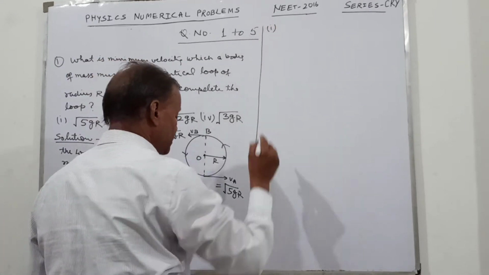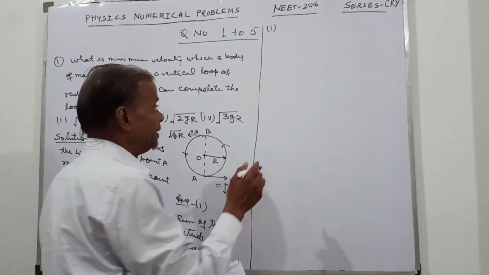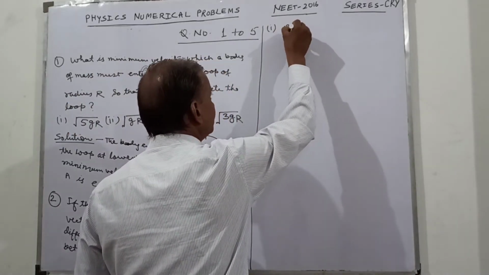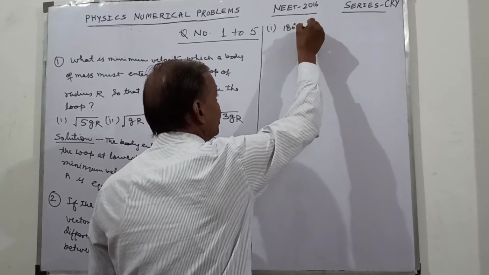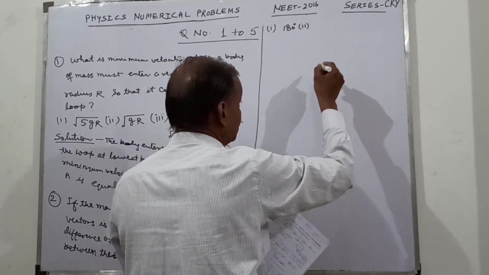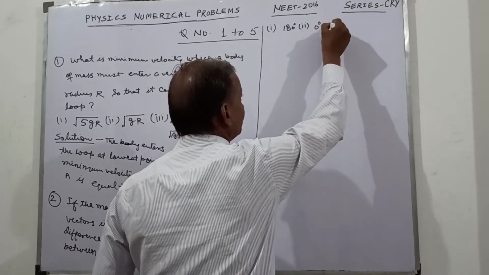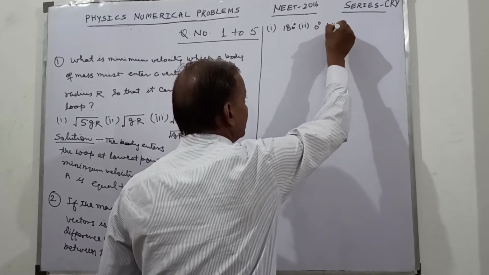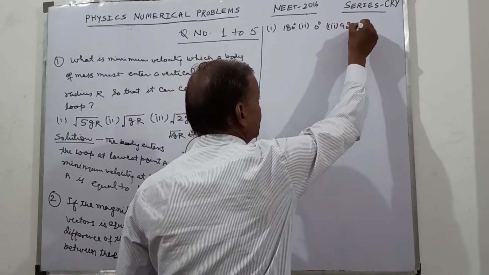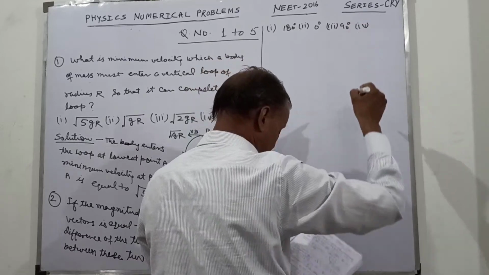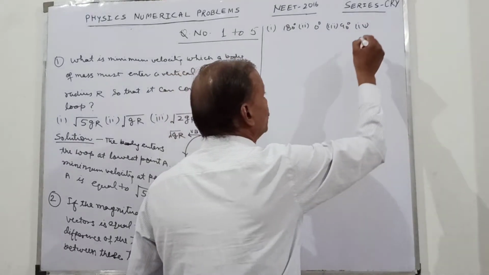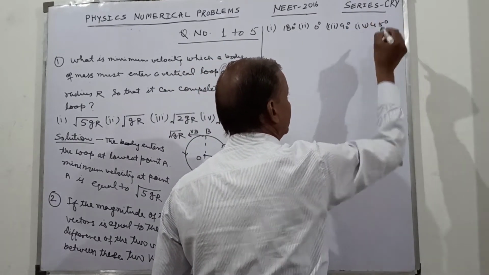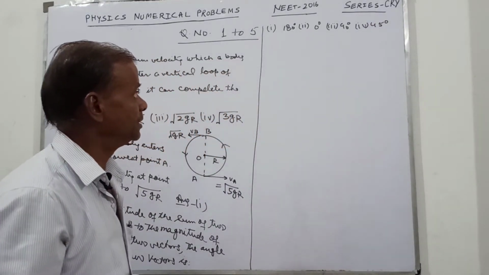The first option is 180 degrees, second is 0 degrees, third is 90 degrees, and fourth is 45 degrees. These are the options.